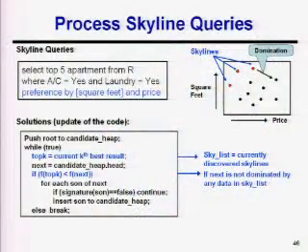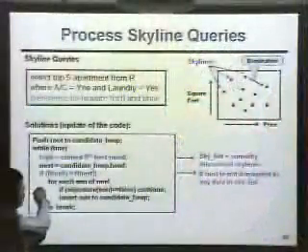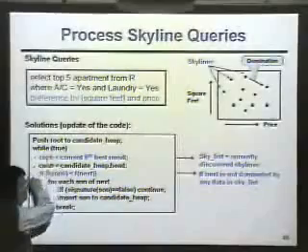So how to handle these skyline queries. This is the original framework for processing top K queries. The two most important parts are that we keep the current top K result, and we compare the top K with the next candidate block. This is the way we can do early pruning and early termination. So when we process skyline query, what we do is just replace these two lines. For example, we do not keep the top K result.